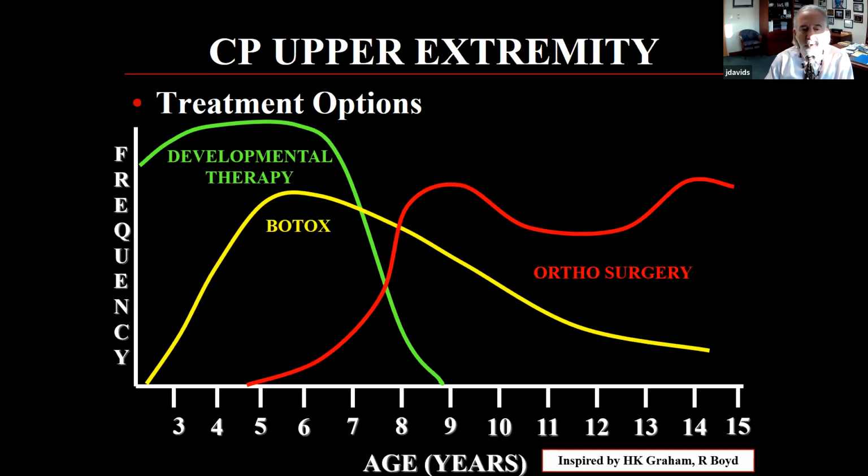Finally, there is a bimodal peak for orthopedic surgeries, the first occurring in late childhood, consisting primarily of soft tissue surgeries, tendon lengthenings and transfers, and the second occurring near the completion of skeletal growth, which involves arthrodeses of the wrist and the thumb.